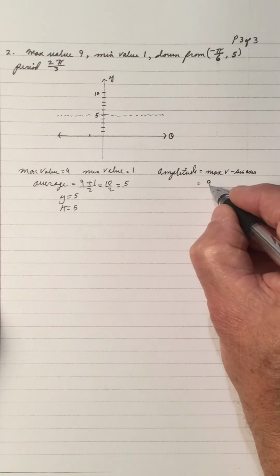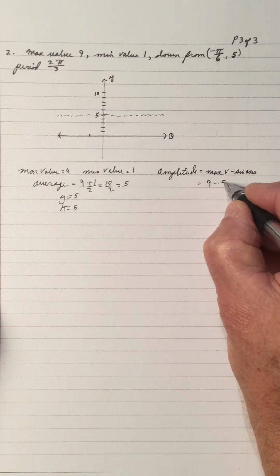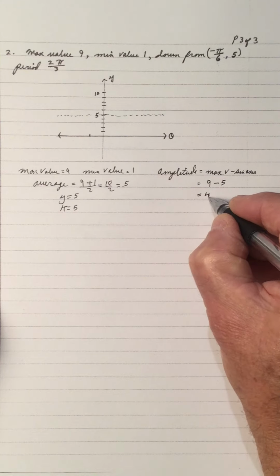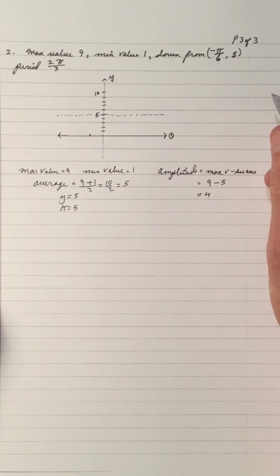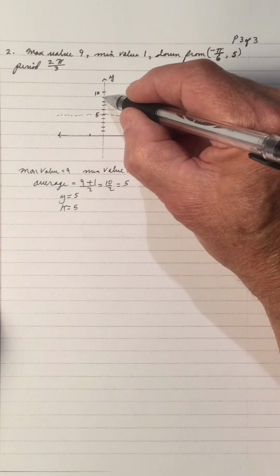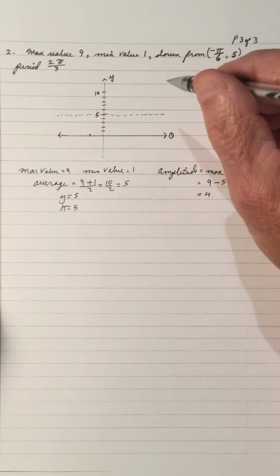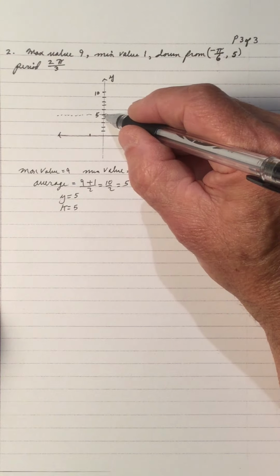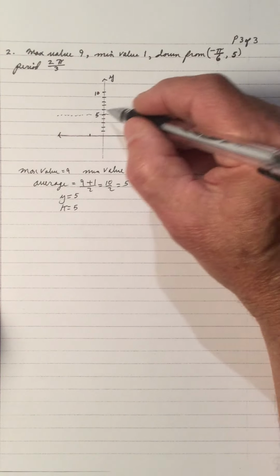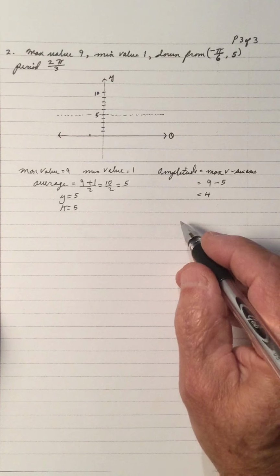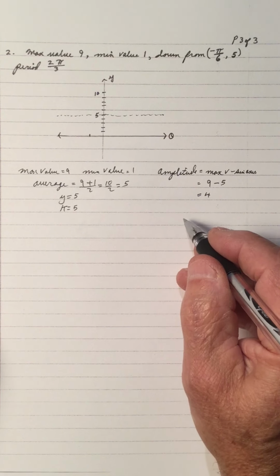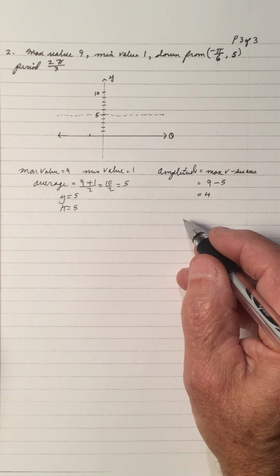So it's maximum of 9 minus the sinusoidal axis of 5. So the amplitude for this graph is 4. Because if 9 is the maximum, there's 5 here. If 1 is the minimum, from 5 down to 1 is 4. We have the amplitude.